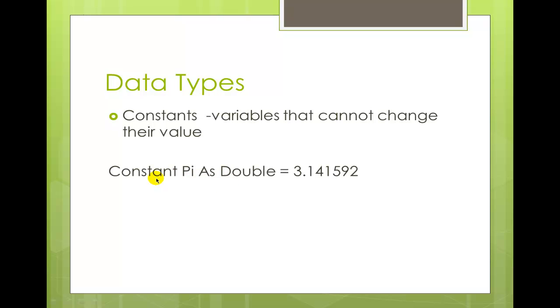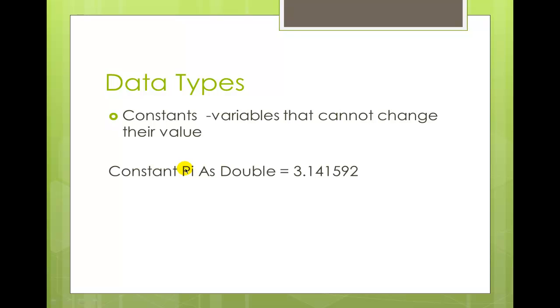Okay, that's a little different than before. Before we said dim pi as double, but that would mean that it was a variable. But here I want it to be a constant, and you can also assign the value right there. So I'm assigning the value of pi to this symbol pi.